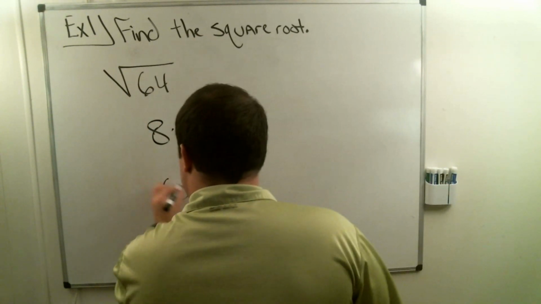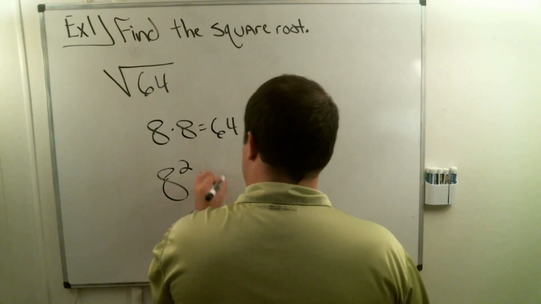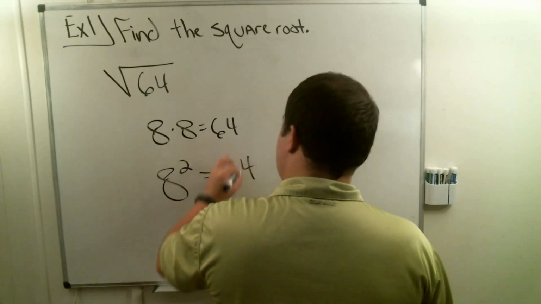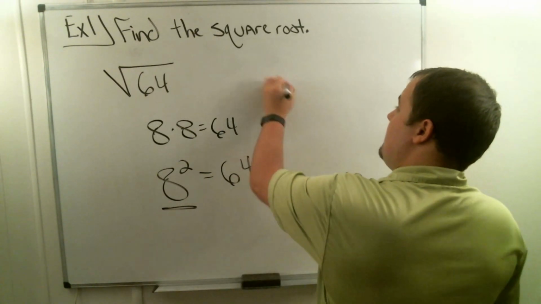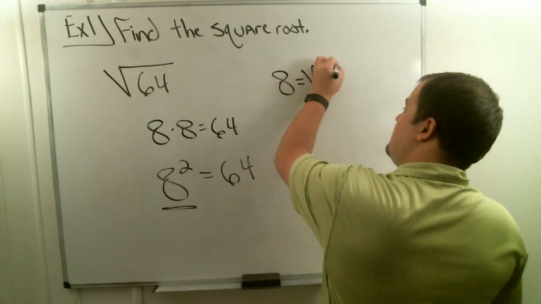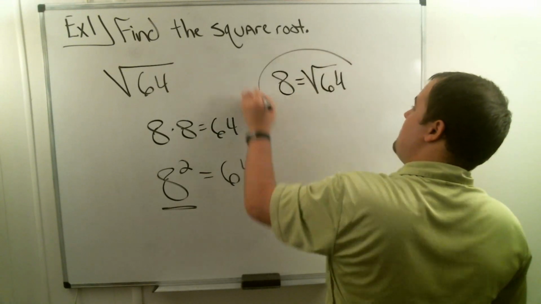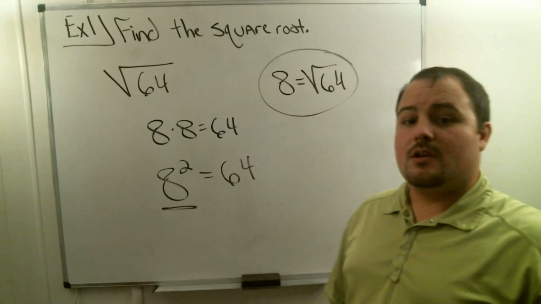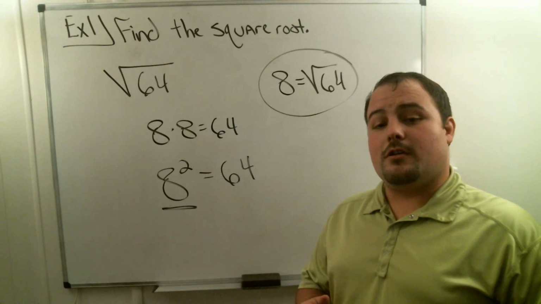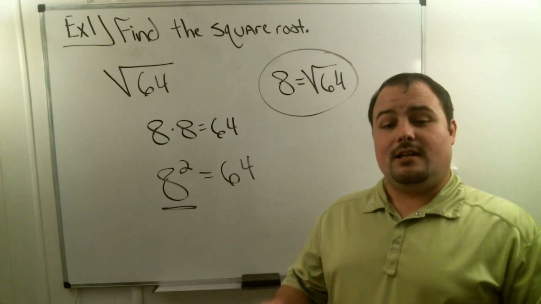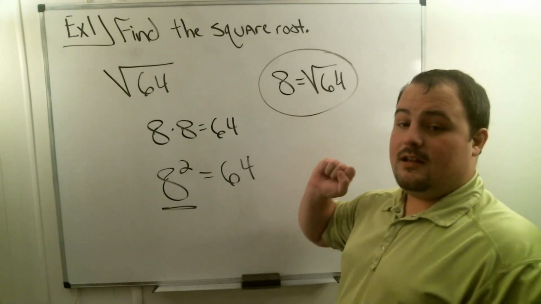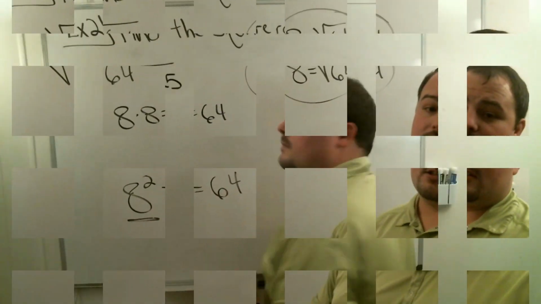That means that 8 squared equals 64. Since 8 squared equals 64, 8 is equal to the square root of 64. And that's our answer. Since the 8 and 8 are exactly the same, 8 is our square root.